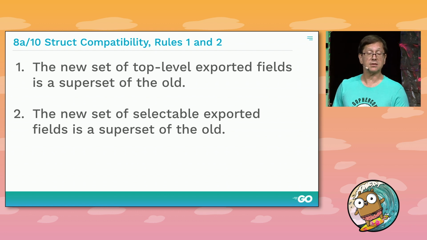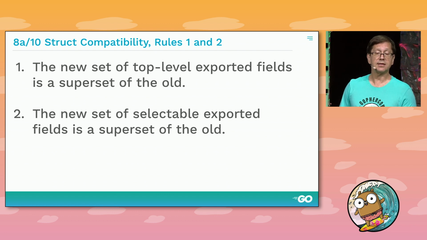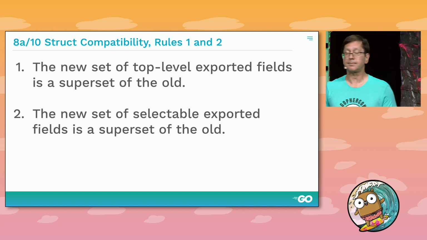The second rule handles selection, dot notation. It says, look at all the exported fields that can be selected. You can add to that set, but not remove. It deliberately doesn't say anything about embedding. It just talks about the set of selectable exported fields, wherever they are. That covers our second example, where the field C moved around compatibly, and all the other cases like it.